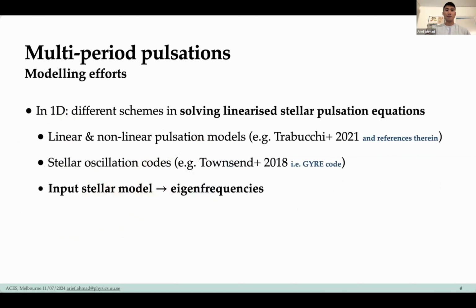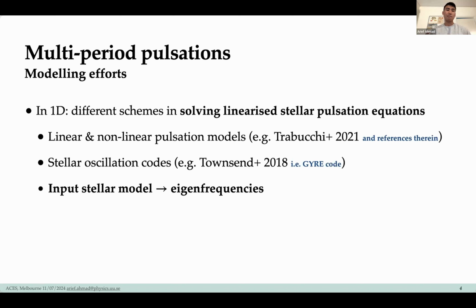Just to touch on the multi-period pulsations in terms of the modeling aspects. In one dimension, it would involve solving the linearized stellar pulsation equations. There have been years of developments in this, and importantly for AGB stars, there have been advancements in linear and nonlinear pulsation models, for example, Trabucchi in 2021 and other references in there.